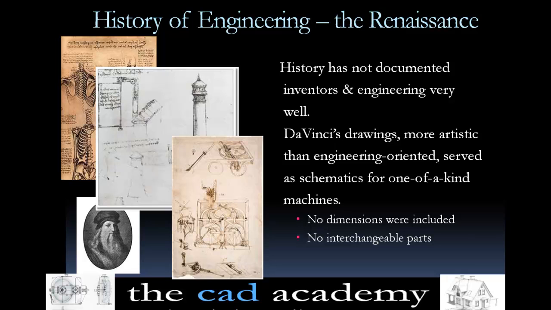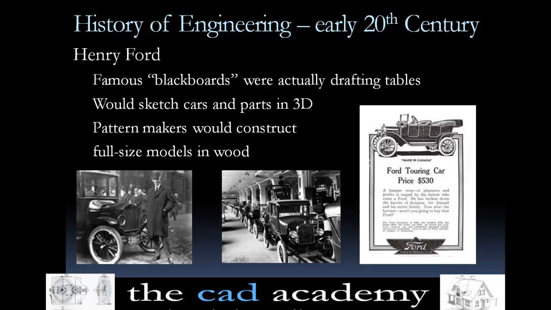He was interested in architecture, and believe it or not, he was almost clairvoyant. He designed airplanes and motor vehicles back in the 1500s. But he didn't dimension anything, and he didn't make anything that would be manufacturable, but he certainly was a genius and came up with some amazing concepts.